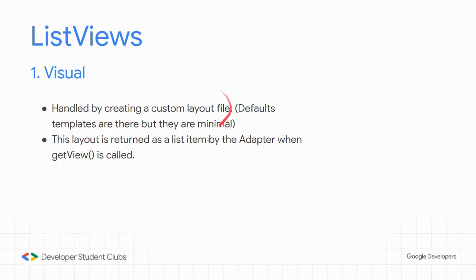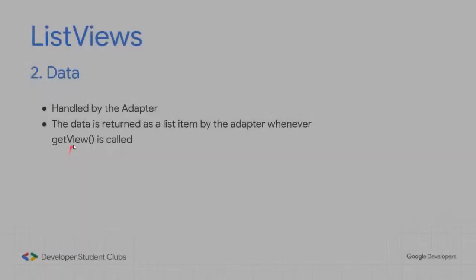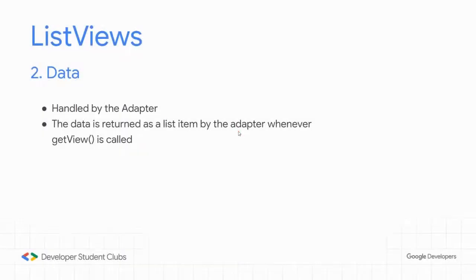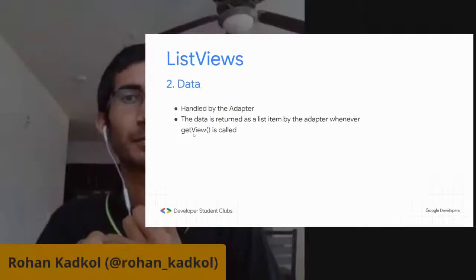Here, the data is returned when GetView is called. So mainly, this adapter has the data and has the visual part of it. Whenever you call GetView, that's when the adapter returns the visual part and also the data.